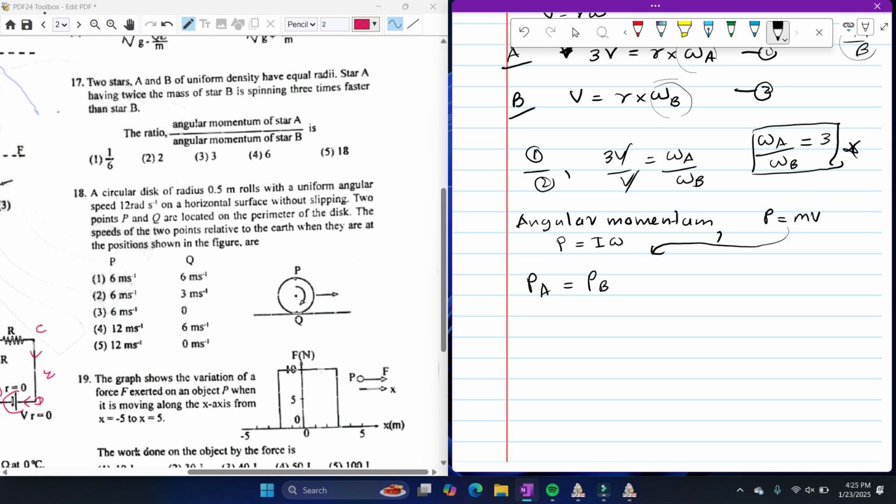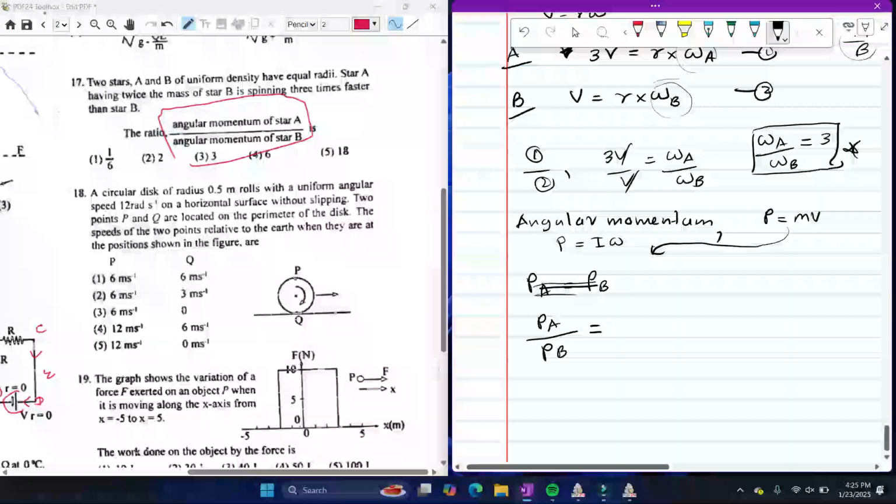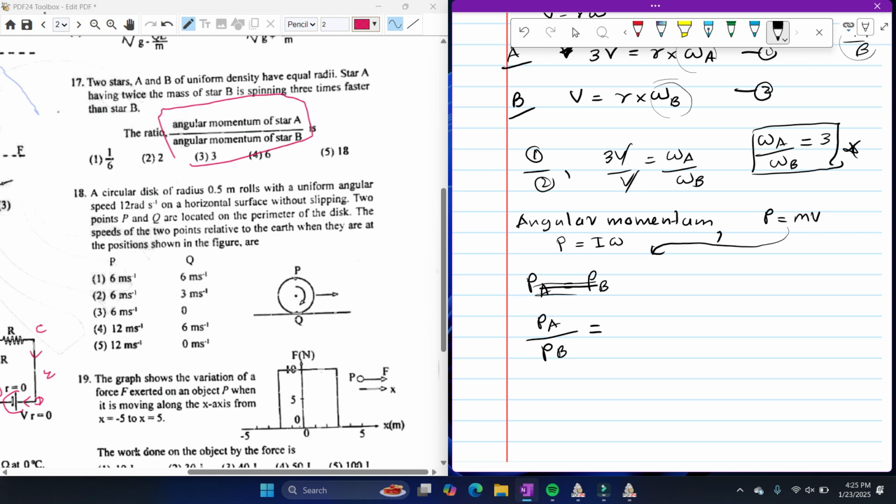So the angular momentum of star a divided by the angular momentum of star b, as shown in this particular ratio that they have given, is IA divided by IB multiplied by omega a divided by omega b.